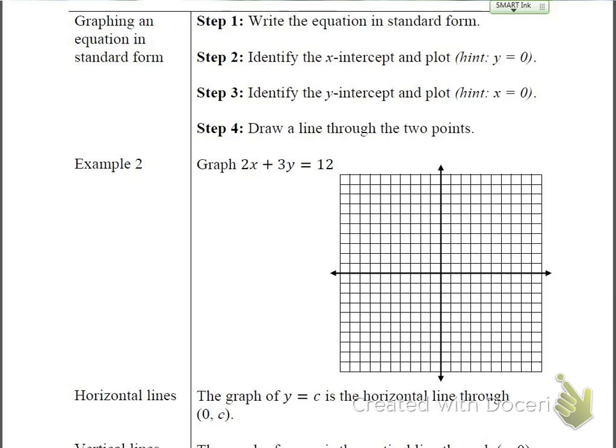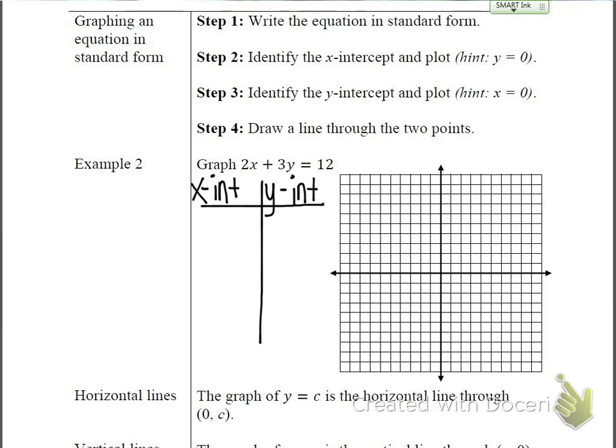So the way that I do this to help organize my work, I make a T-chart, and I label one side x-intercept, and I label the other one y-intercept. This just helps me to keep my work separated so that when I look back, I know exactly what it was that I was doing.